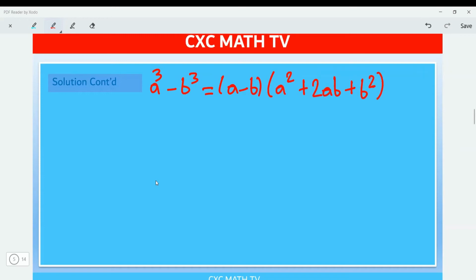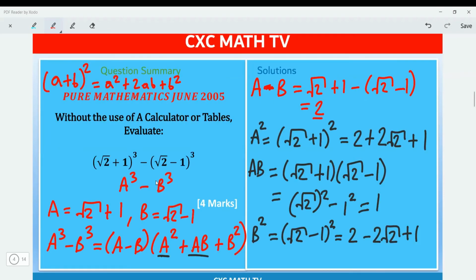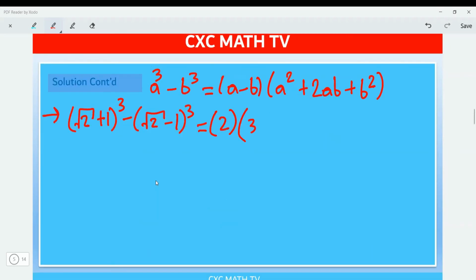And so that implies, remember, a was √2 + 1, so (√2 + 1)³ − (√2 − 1)³ is equal to a minus b. We had worked out a minus b to be 2, multiplied by a square. a square works out to be 2 plus 1 is 3, so that is 3 plus 2√2 plus ab.